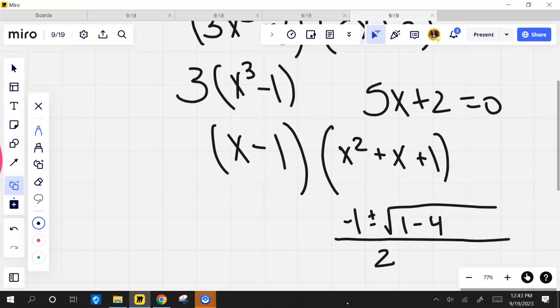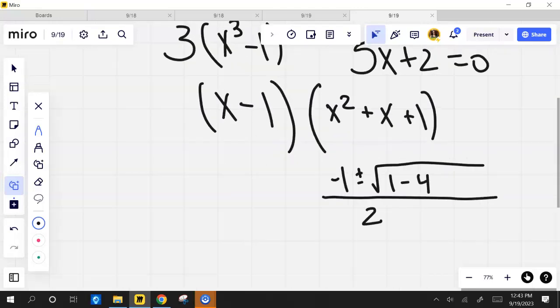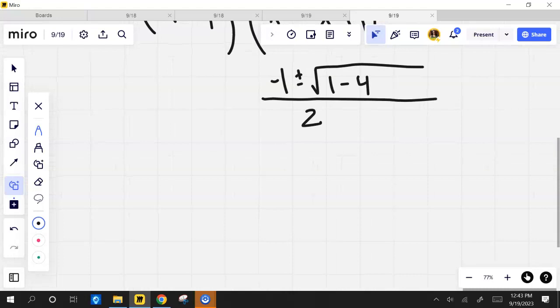Oh, Miss McGee, I know how to do this. I just forgot the quadratic formula. Yeah. Okay. So it's -3. Okay.